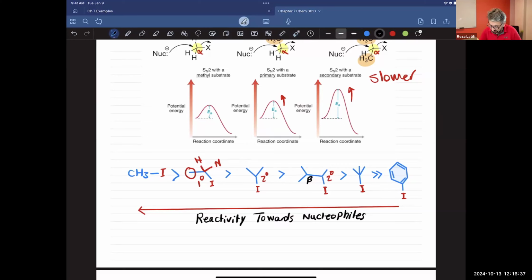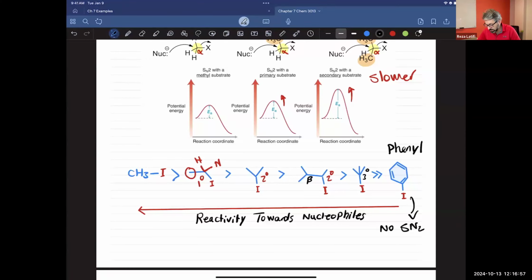And then I have tertiary. And the last one is a phenyl ring. In fact, the phenyl ring is not going to get involved in SN2 reaction. So here, say no SN2 reaction. Why?